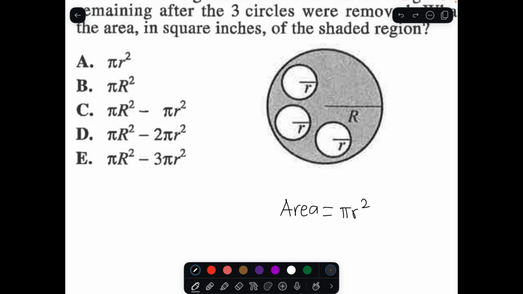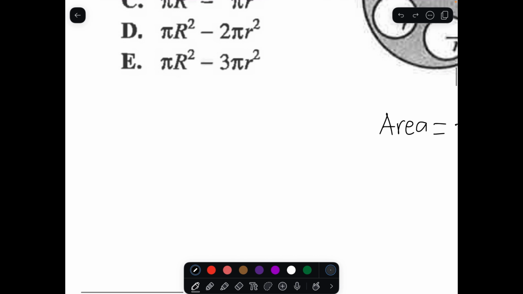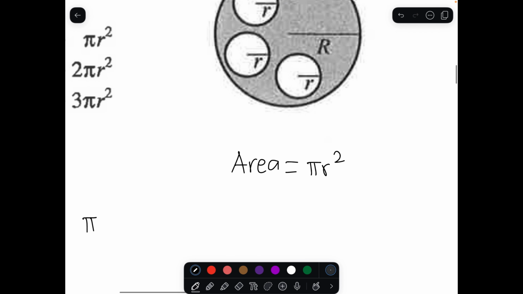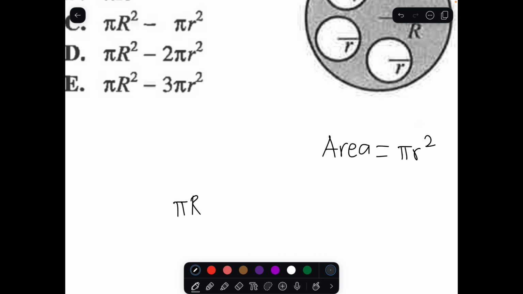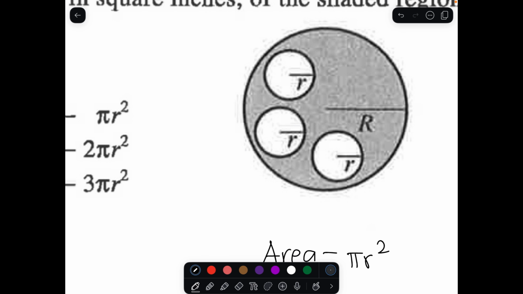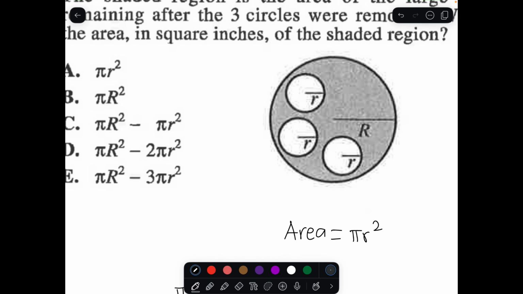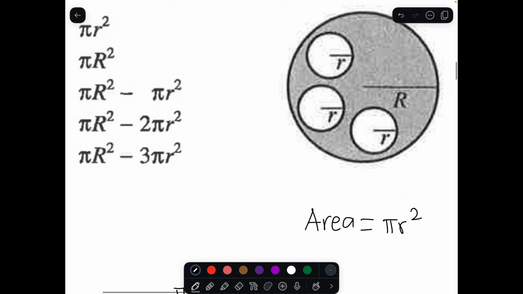So let's find the area of the large circle. So pi big R squared, minus the area of these 3 little circles. Notice that the area of one of these circles is pi r squared, right?